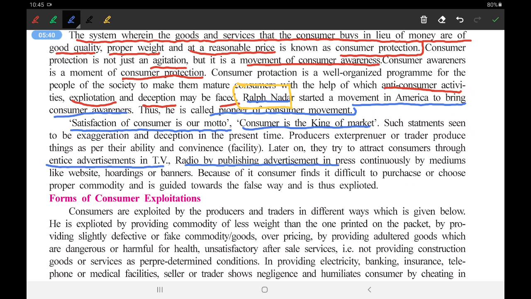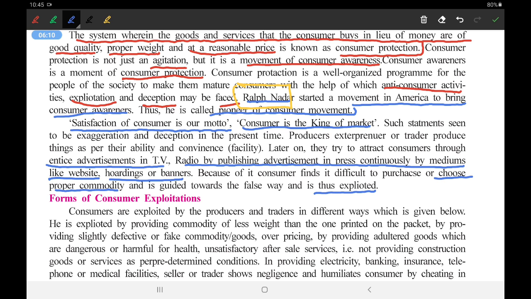Radio, by publishing advertisements in the press, by mediums like websites, hoardings or banners and so on. This way they attract the consumers towards them. Because of it, consumers find it difficult to purchase or choose the proper commodity, and you are attracted towards the advertisement and it will be difficult for you to choose the proper commodity and you are guided towards the false way and thus exploited.